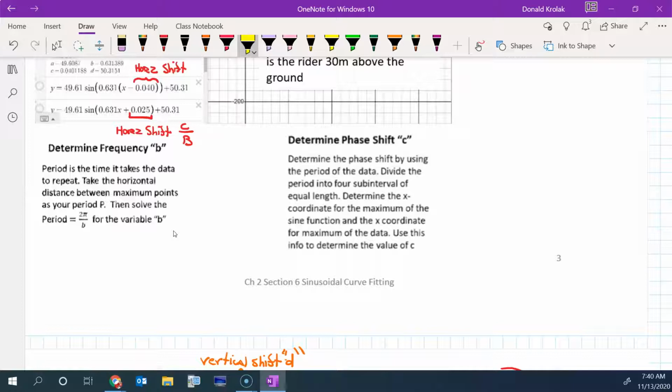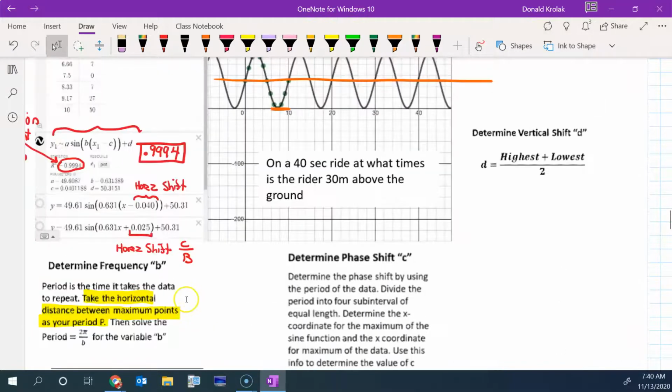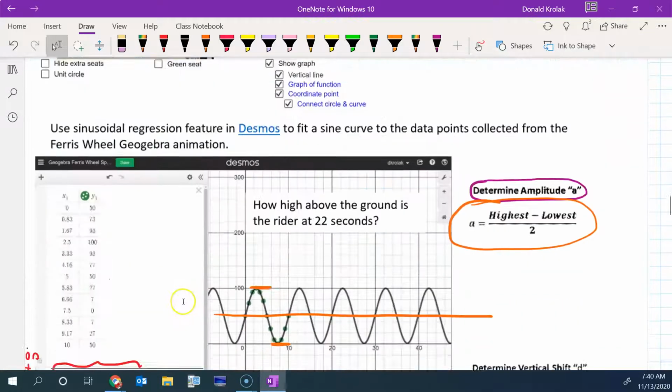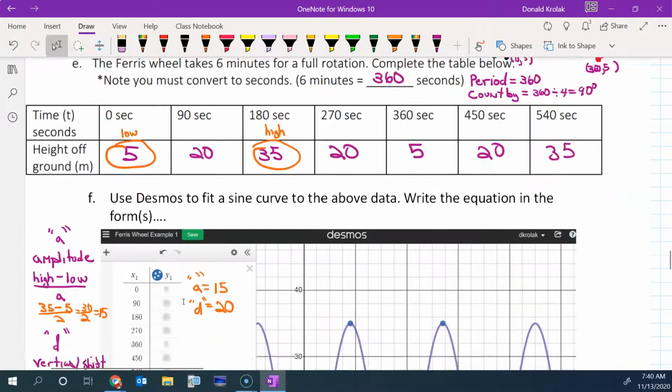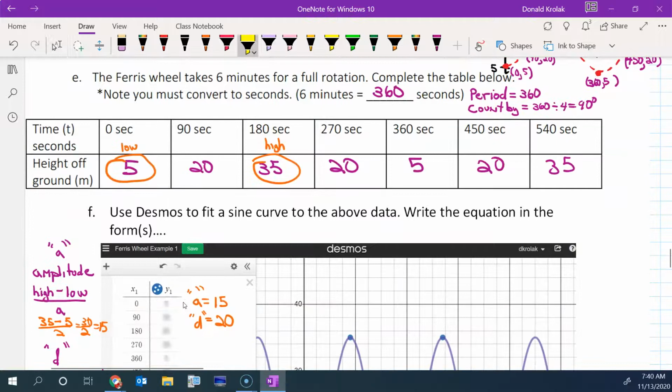Take the horizontal distance between maximum points as your period. So look at 2 maxes and how far apart they are. Here's 1 max, here's the other max.